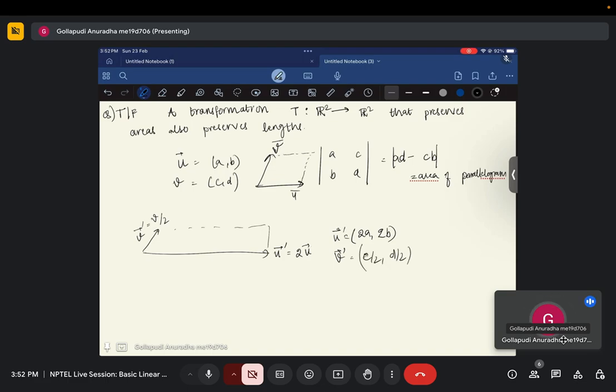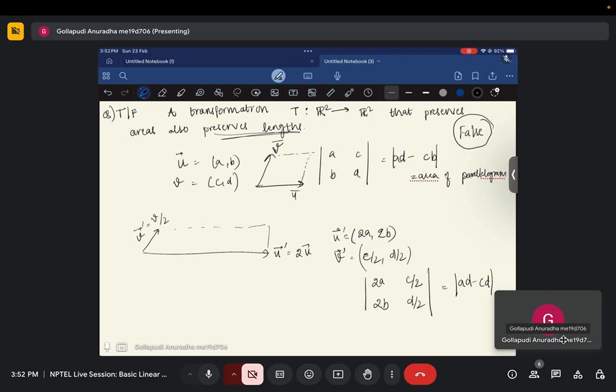So the area will be the same, but the vector lengths got changed here, so this is a false statement.